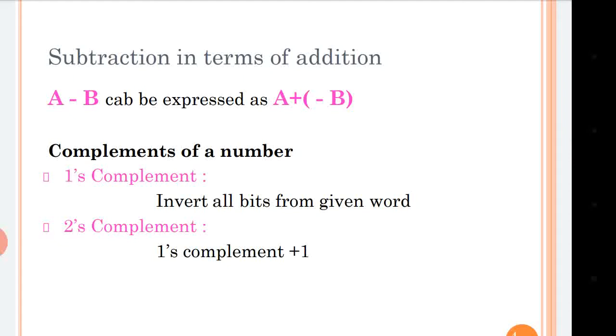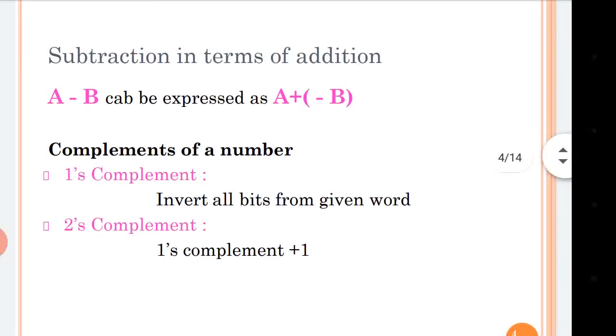What is the meaning of one's complement of a number? One's complement of a number is obtained by inverting all the bits of the given word. And two's complement is nothing but one's complement plus 1.